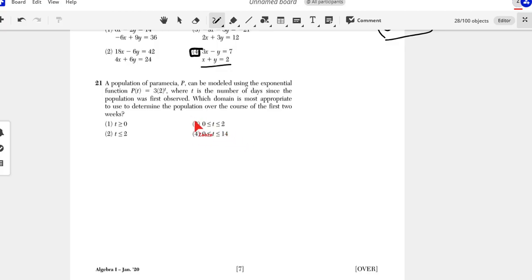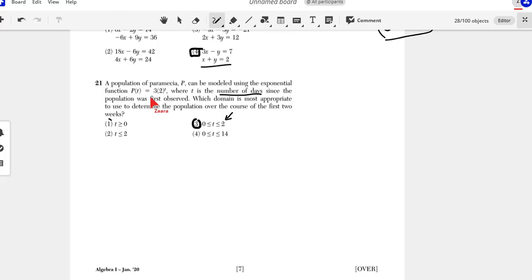What was the reason? Why did you restrict your domain to 2? Why can't we take the value of t to be 3? We can take the value of t to be 3.